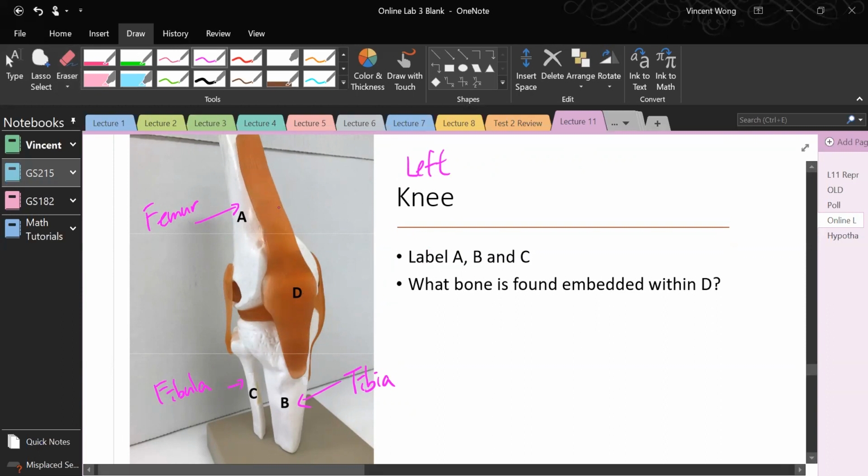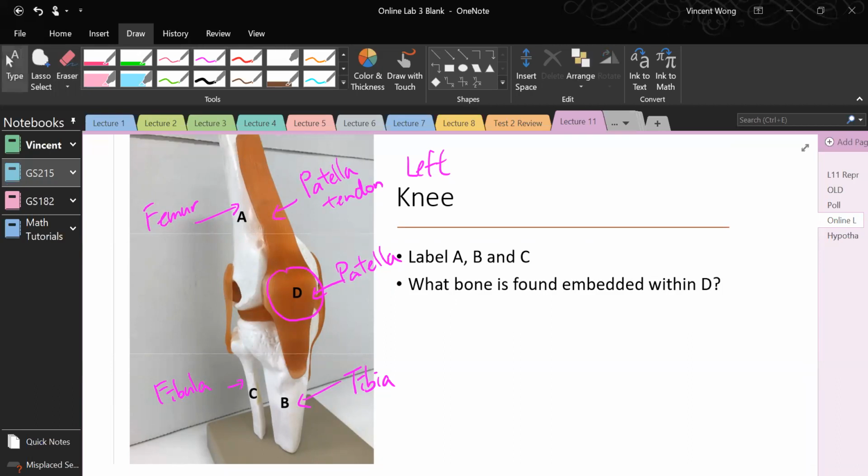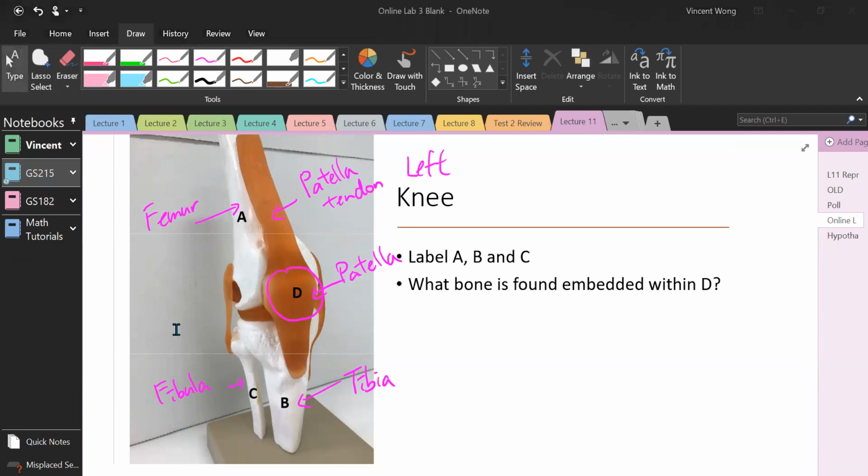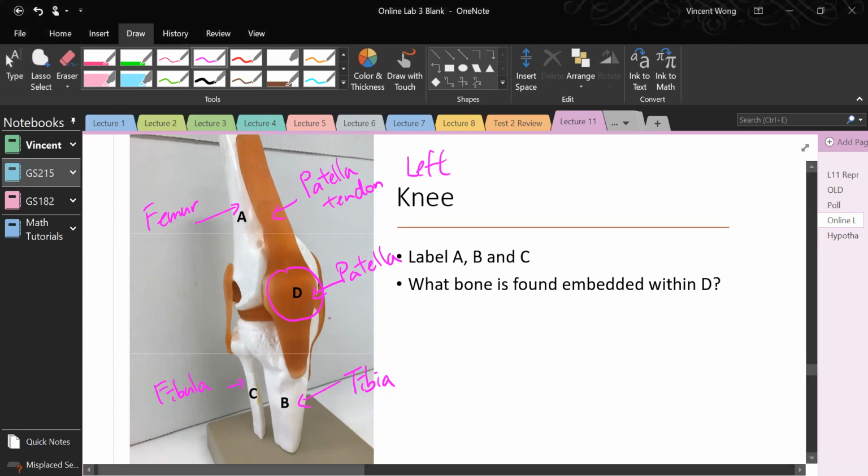There is your patella tendon. And inside the tendon, you have your patella, okay, your kneecap. Okay. All these other stuff, it's just to stabilize your knee, right? You might have heard of athletes, they tore their ACL or something like that, right? That's one of these ligaments.